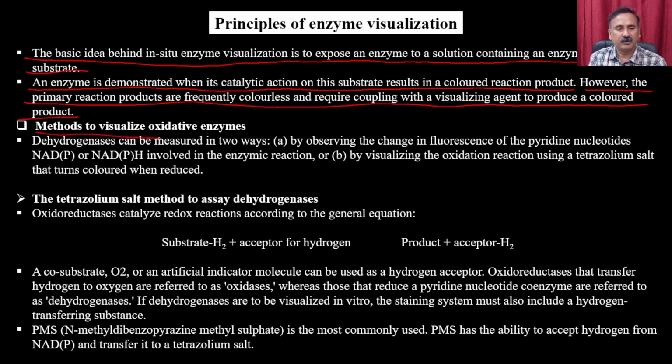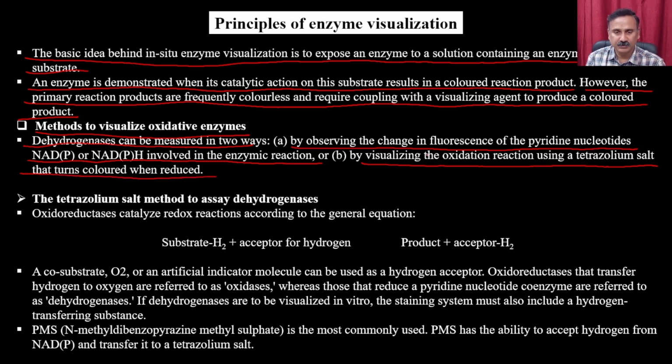There are methods to visualize the oxidative enzymes. For example, dehydrogenases can be measured in two ways: by measuring the change in the fluorescence of pyridine nucleotide, NADPH or NADH involved in the reaction, or by visualization of the oxidation reaction using a tetrazolium salt that turns colored when reduced.